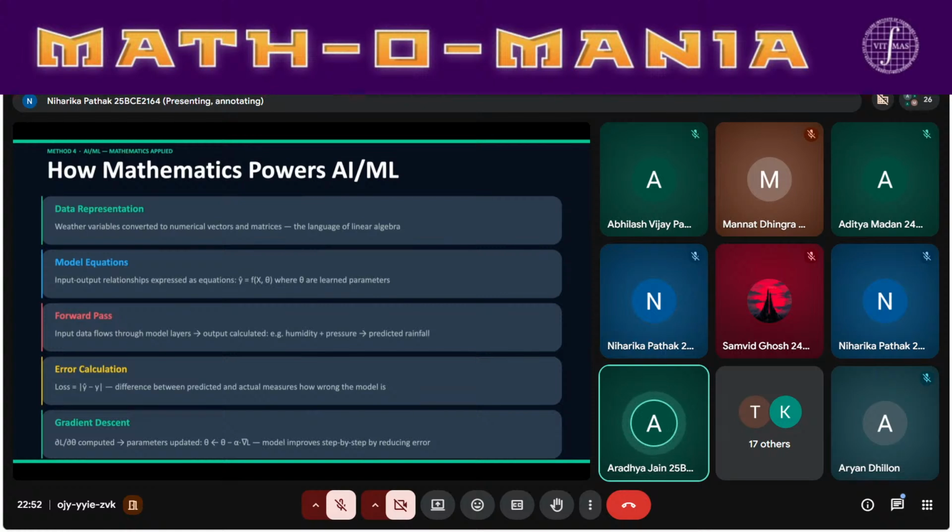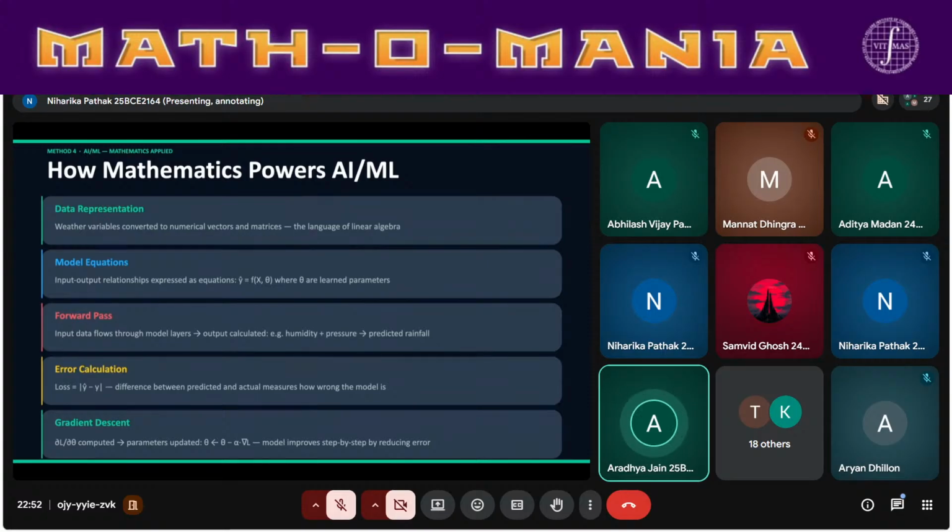How do we calculate the error which comes from this? We create a loss function by comparing the predicted and actual measures. It doesn't necessarily have to be this easy, but for now let's say there's a loss function which is the difference between the actual measure values and the predicted values, which we can see is y cap minus y.